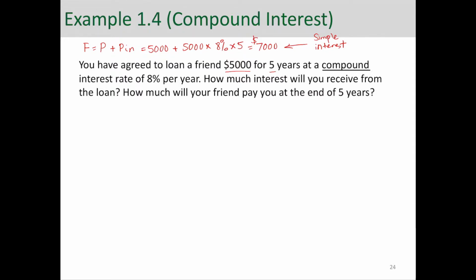And to do that, we're going to track the money year by year over 5 years. In order to do that, we're going to create a table here. And the first column would be the period, which is essentially year. And that means from year 1, 2, 3, 4, and 5.